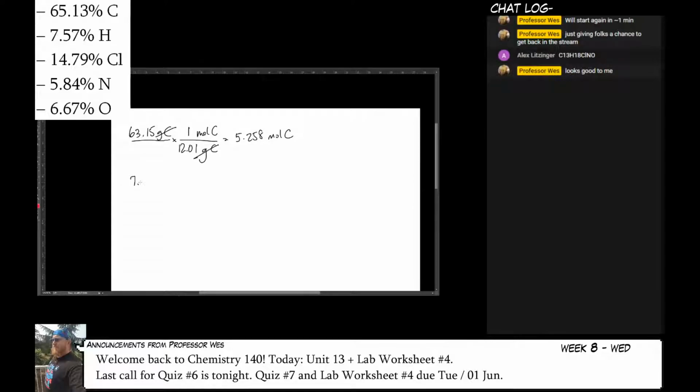We'll do that for hydrogen. One mole of hydrogen is 1.008 grams of hydrogen. I get 7.510 moles of hydrogen.